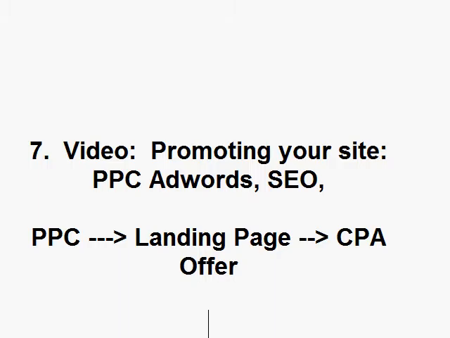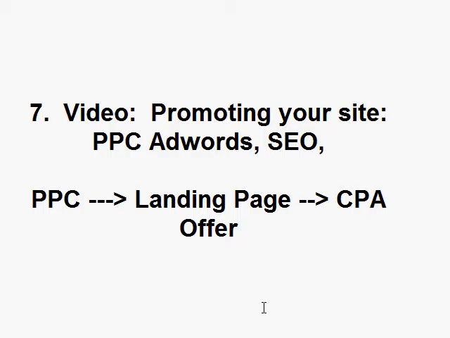Plus, you could also build your list if you wanted to. You could have a landing page with a subscription form on it. That way, all the traffic you're sending to the CPA offer, you're still getting those people on your list, which is another idea, but I'm not going to dive into that today.